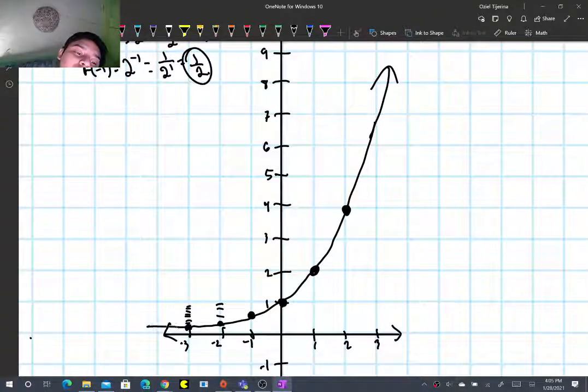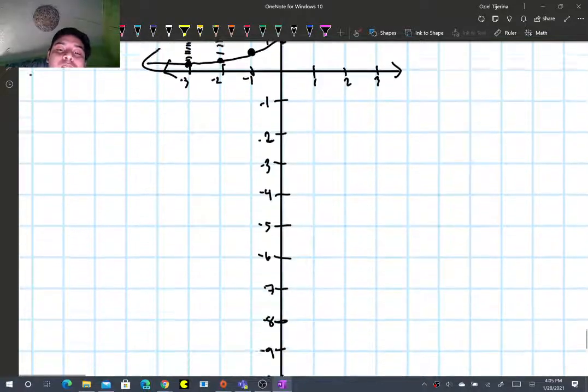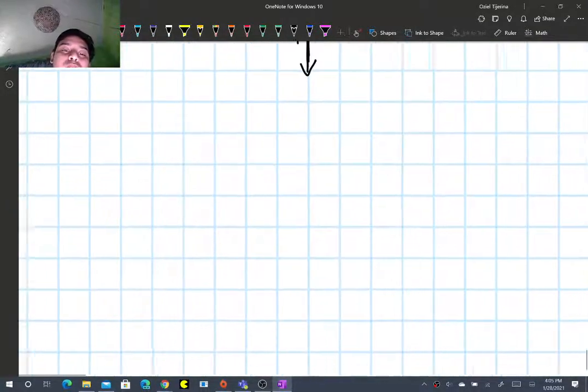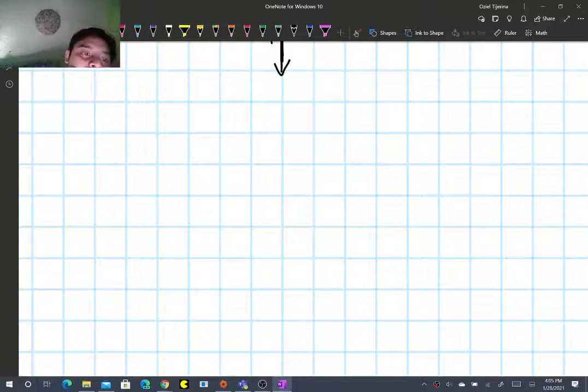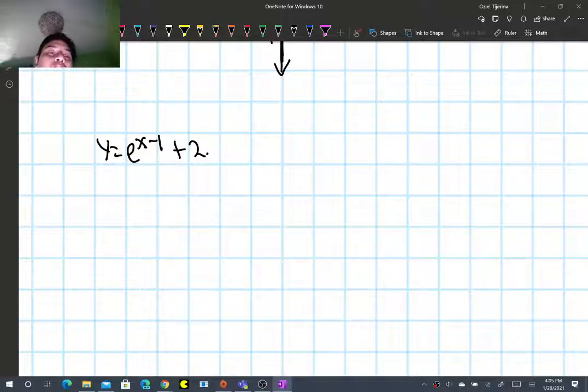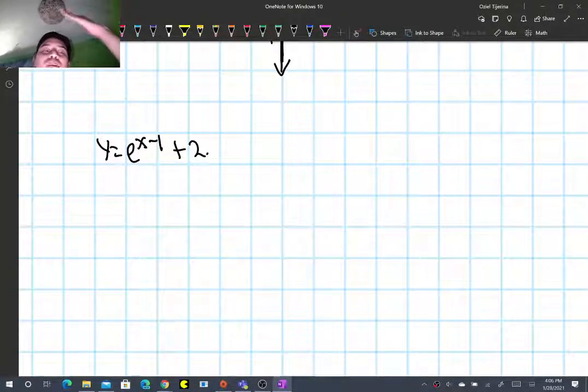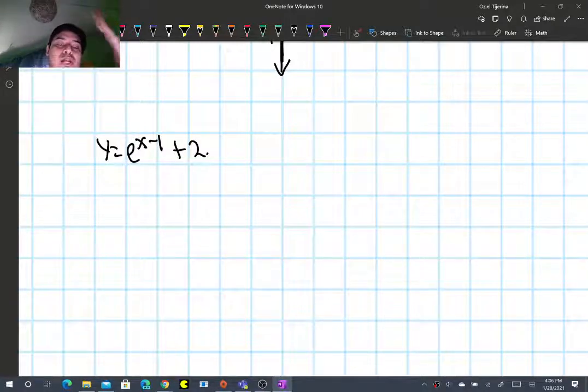And of course, there are translations and stuff. So basically, let's just say we have y equals e to the x minus 1 plus 2. This is almost the exact same thing that we were doing with quadratics and polynomials, like basically when you stretch or when you shift functions, okay?